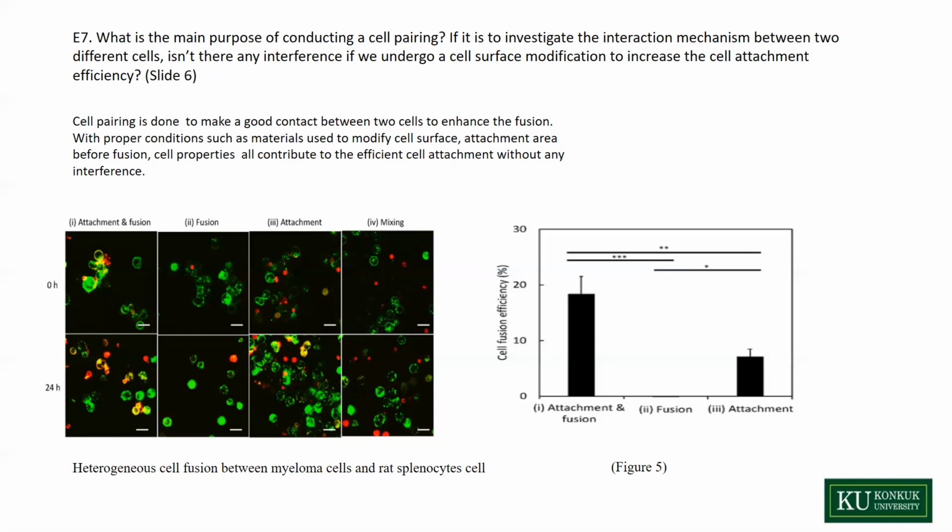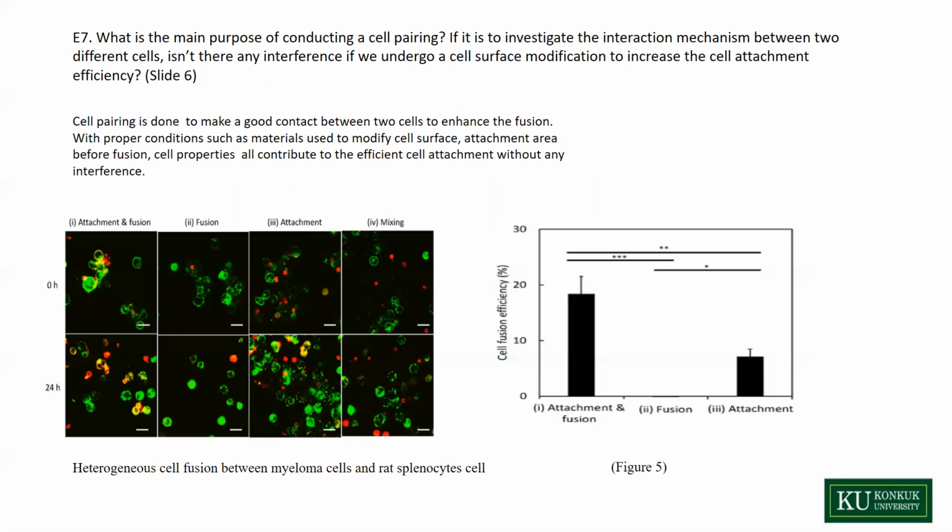This is attachment and fusion. So we got the best results at the attachment and fusion. Most of the cells are fused together compared to the 3. And you can also see the cell fusion efficiency: in attachment and fusion, it is close to 20% for these two cells. For only fusion, the cell fusion efficiency is close to 0.